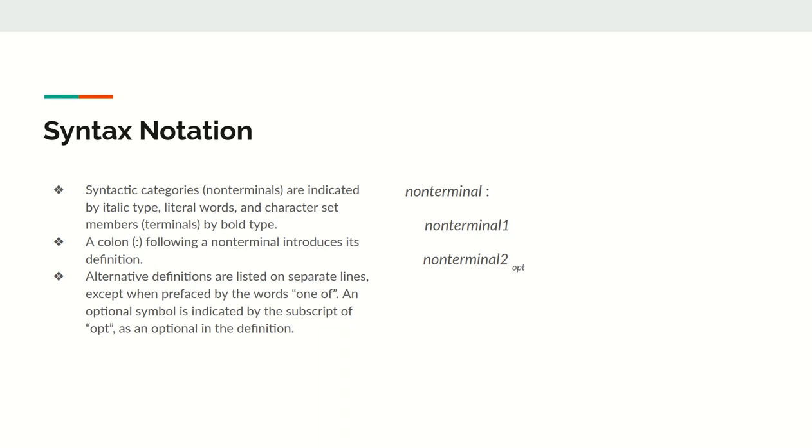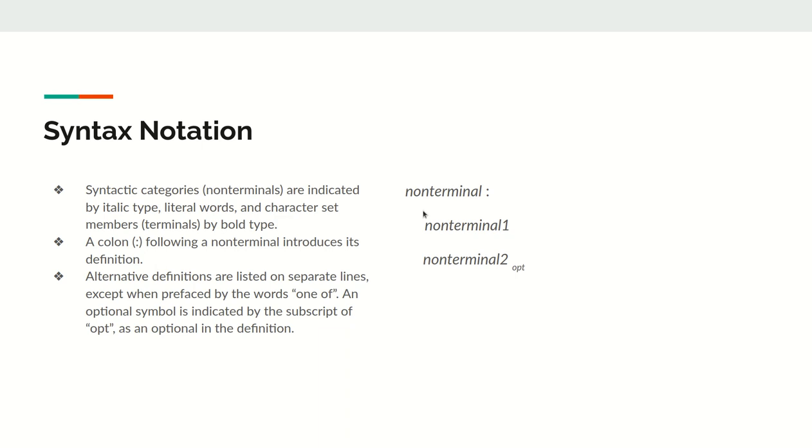They will be shown listed as separate lines, except in the case of one of being presented in the definition, so that it is one of the terminals in the definition.